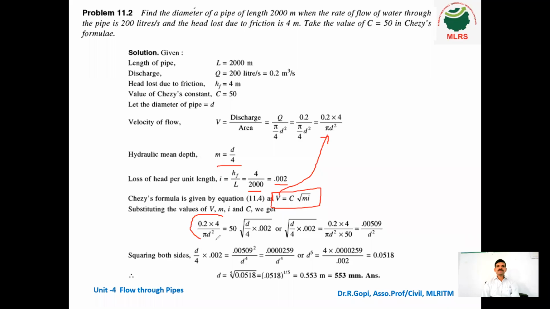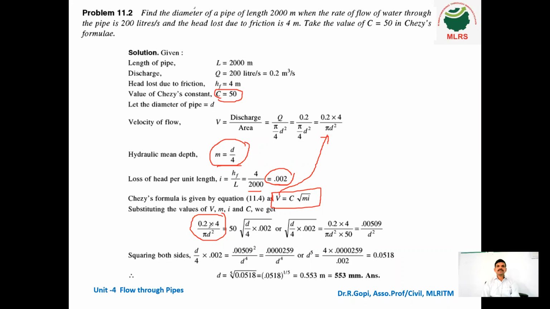Next, C is Chezy's constant, given in the question as 50. Next, root of M: we only know the formula D by 4, because D is unknown, into I. I is 0.002, which we already found.